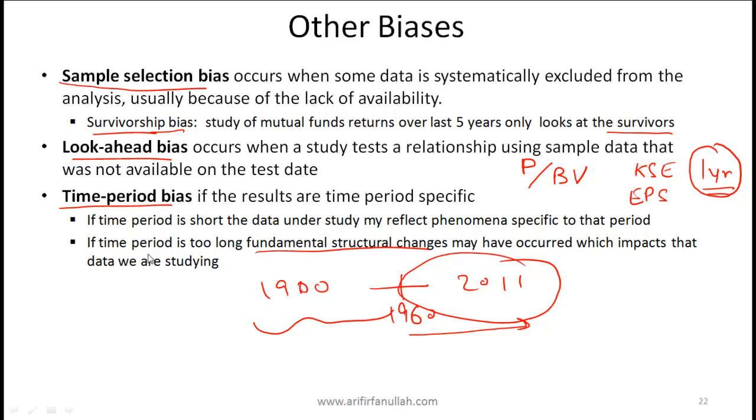So bottom line is, you might have time period bias if your data period is too short or if the time period is too long.